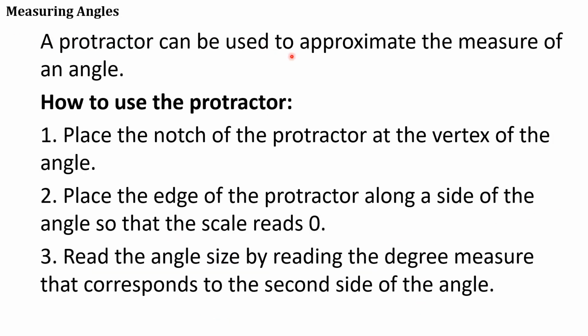A protractor can be used to approximate the measurements of an angle. I don't know if you guys have ever seen a protractor, but it's something like a ruler, but instead of being flat, it's curved, and I'm going to show you the picture of one in a minute.